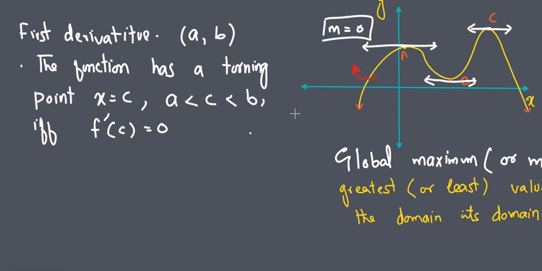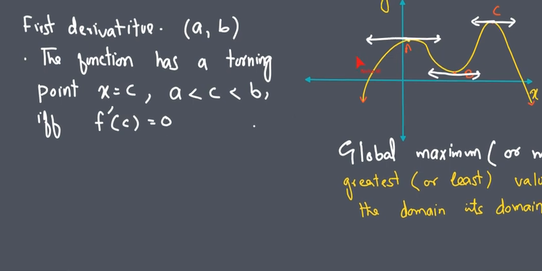Yeah. Okay. Now this is also very clear that on these turning points, the points where we are getting the derivative 0, we will get our local maximum or the local minimum.